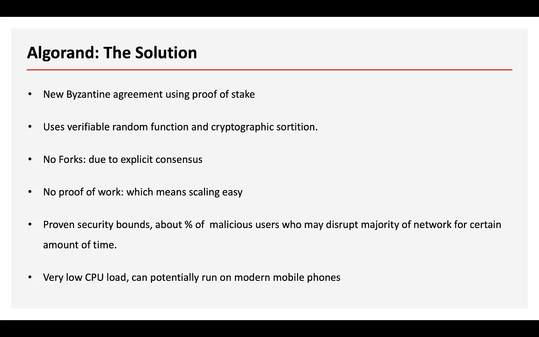So there is no proof of work, which means the scaling is much easier. More and more nodes can be added, because we are not even making everybody vote.